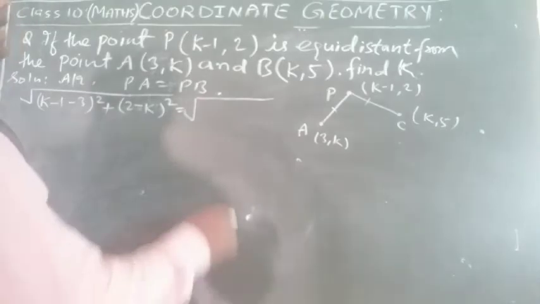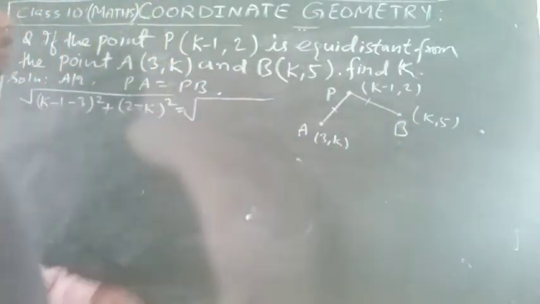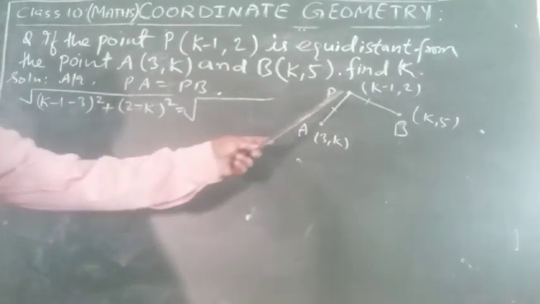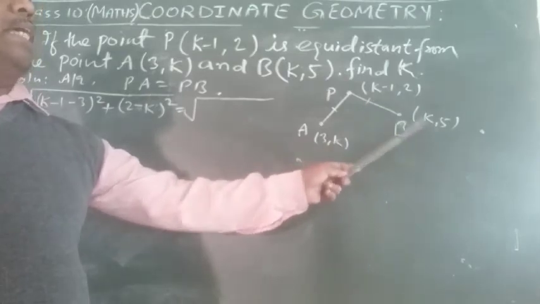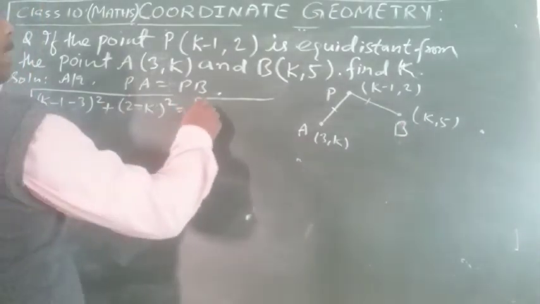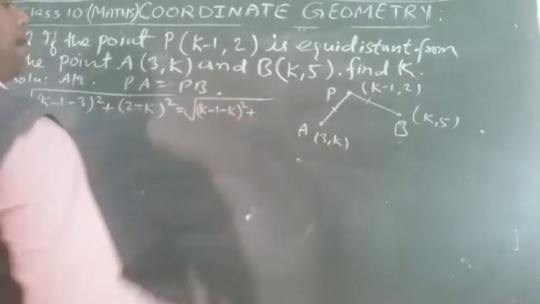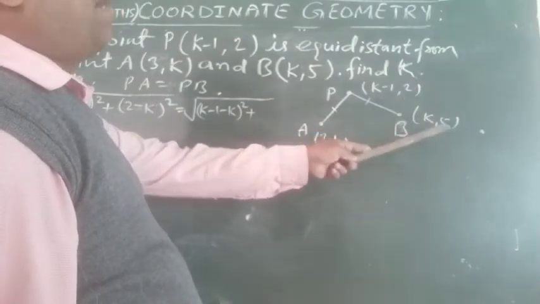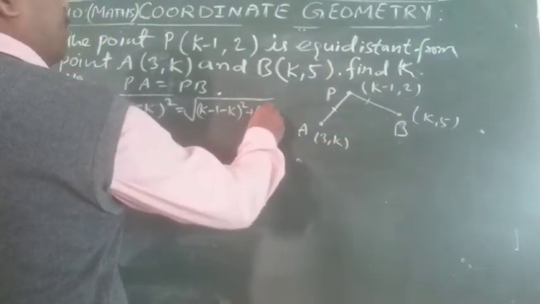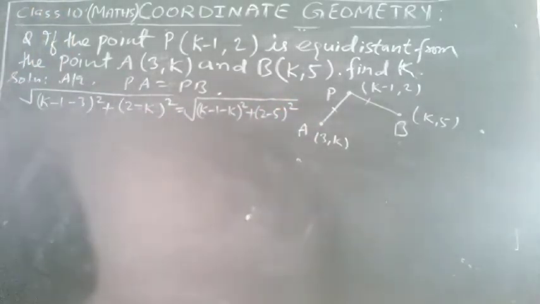Now PB. It is x1 y1, x2 minus x1, (k minus 1 minus k) to the whole square, plus y2 minus y1, (2 minus 5) to the whole square. Clear? Now we go further.